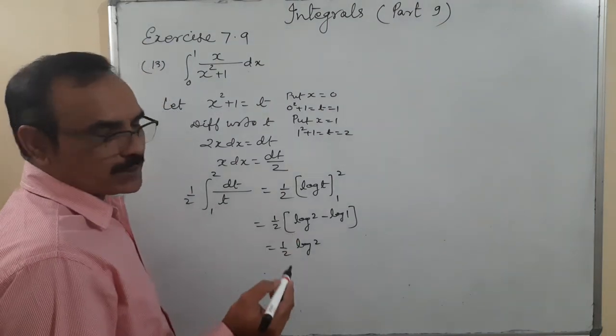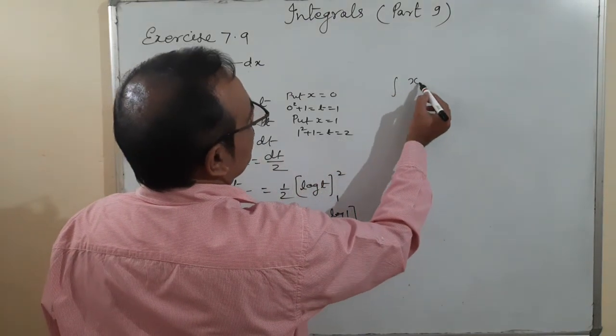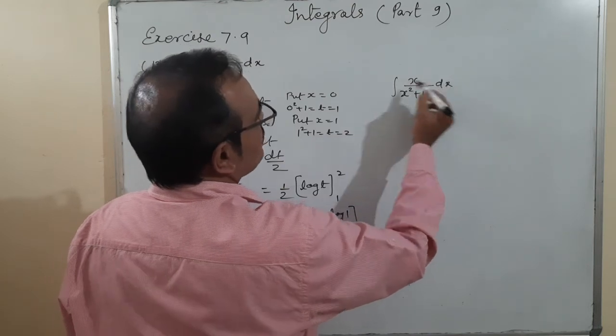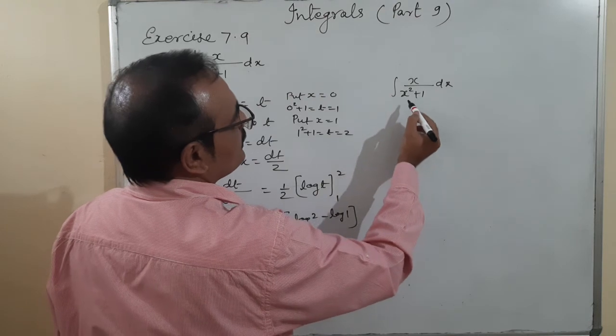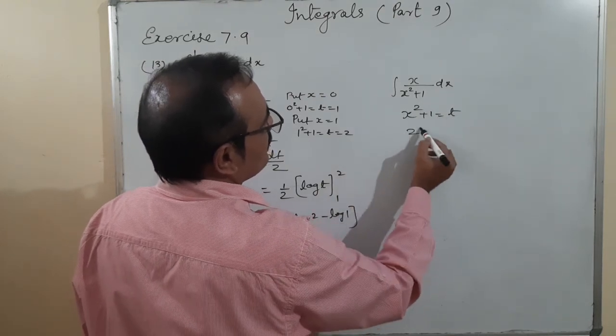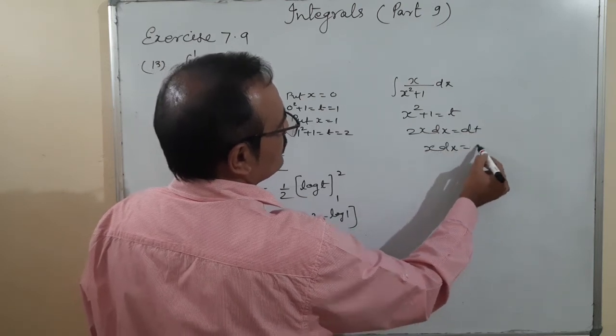If you don't want to change the limit, you can take this term as x upon x square plus 1 into dx, and simply solve it. While solving, let x square plus 1 is equal to t. 2x dx is equal to dt, then x dx is equal to dt by 2.